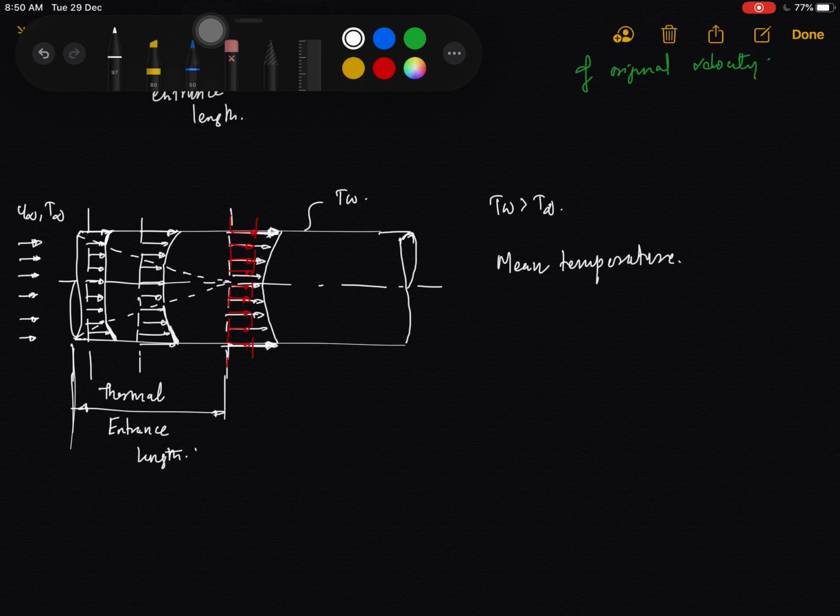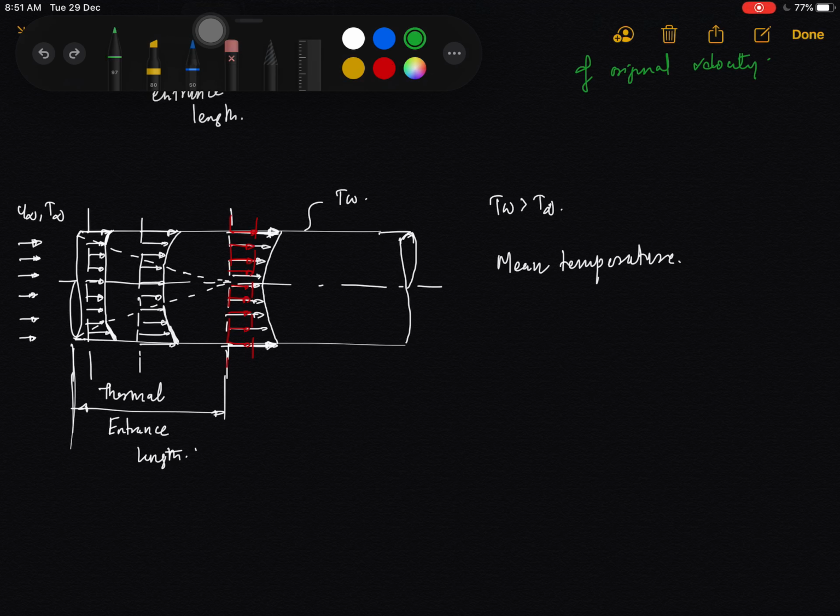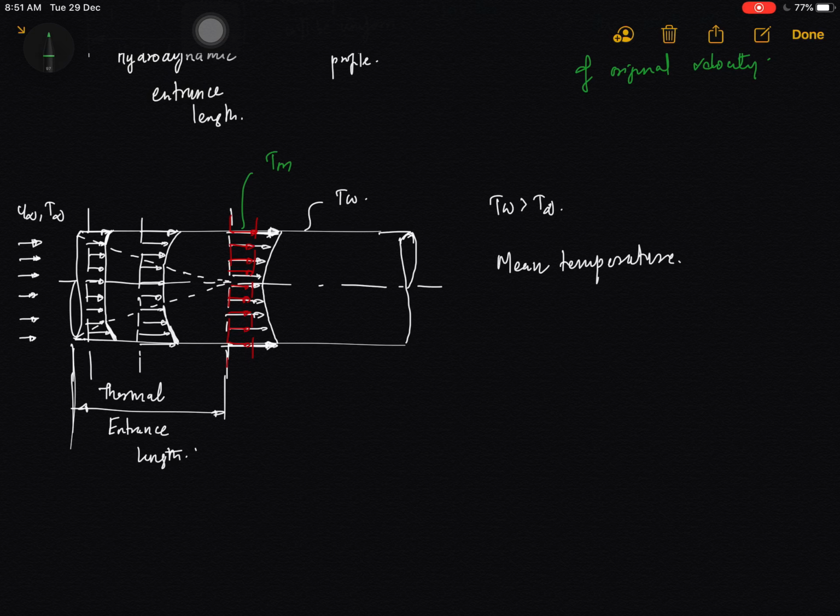Here we are considering the equivalent energy flow rate, which means the temperature that will give you the same energy flow at the exit. Okay, so this particular temperature is the mean temperature profile, and this is the actual temperature profile.